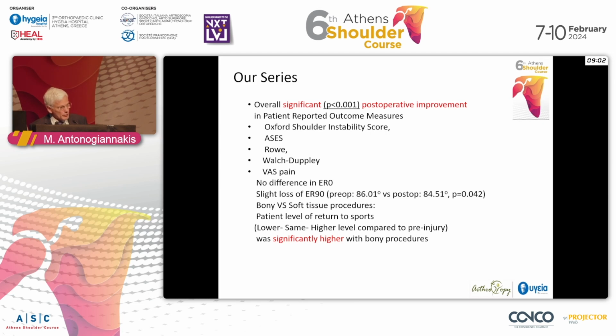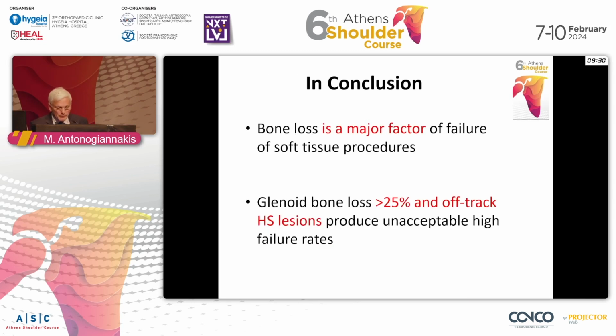Usually we perform a soft tissue procedure on a person that has a normal athletic life, has one first dislocation, and gets back to his previous level of activity. While we operate with bone procedures on patients that have lowered their level of athletic activity due to the fact that they are dislocating, and then they are returning to a higher level and they are more satisfied.